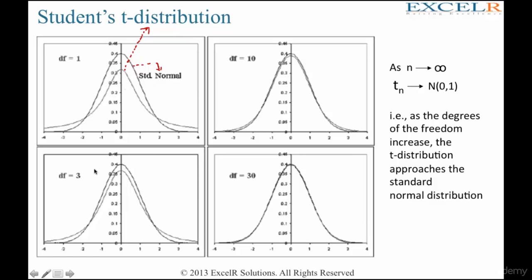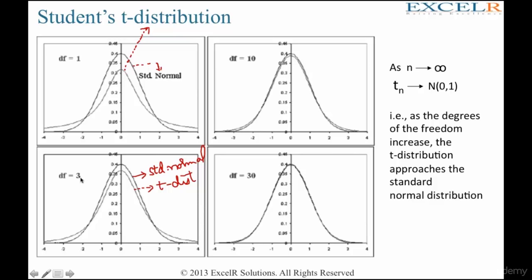But if I increase the sample size, degrees of freedom also would increase. As degrees of freedom increase, you see that the difference has slightly come down. This is your standard normal distribution, and this is your t-distribution.